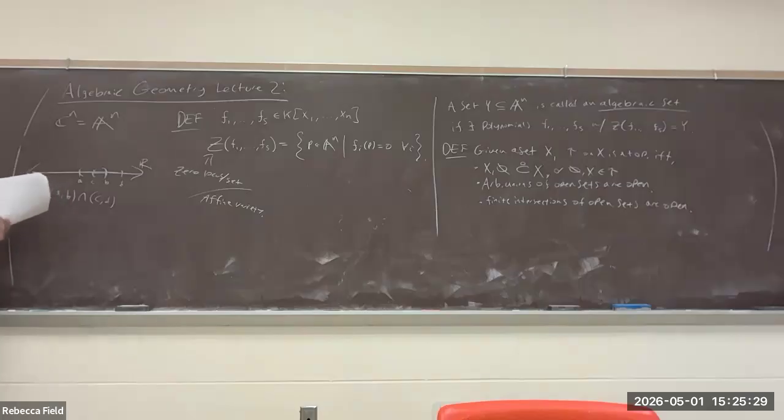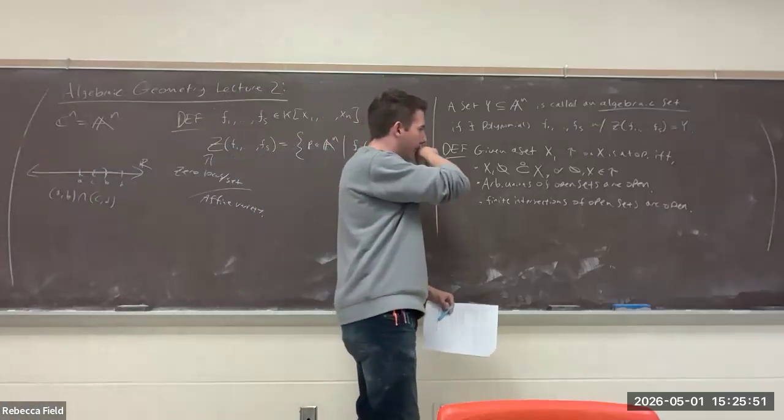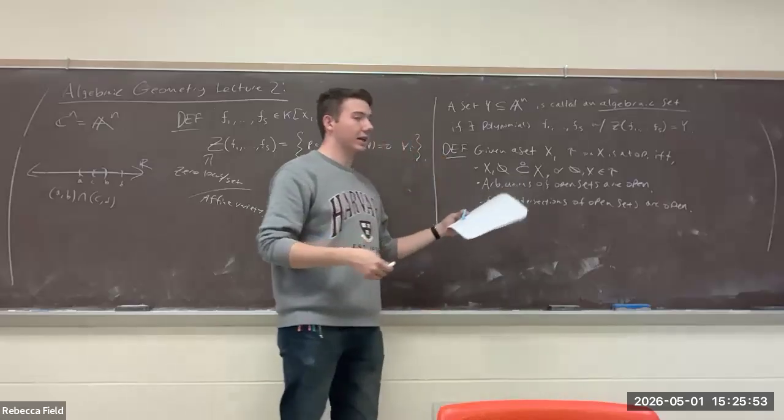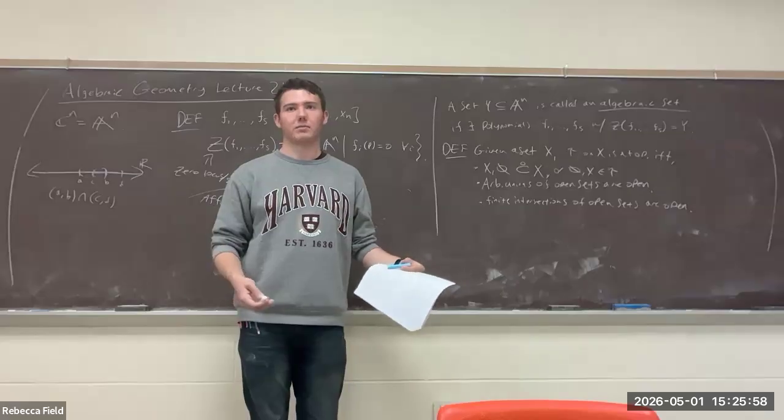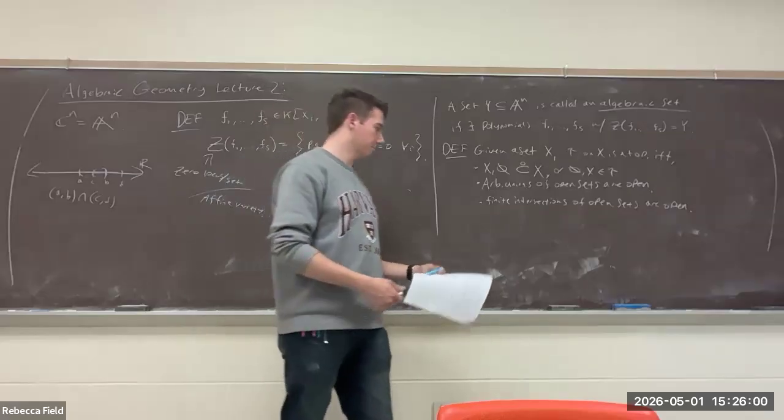It's less obvious that the empty set is open and all of R is open, but if we define it to be that way, it's nice. So this should be your grounding example for a topology: the real line chunked up by open intervals. And similarly, we say that a subset of our set is closed if it's the complement of an open set. So a closed set is just the complement of an open set.